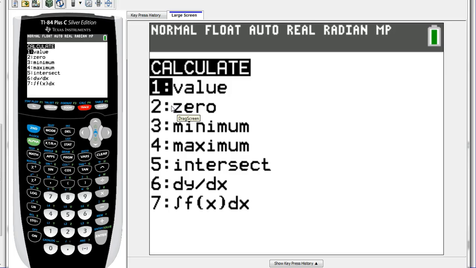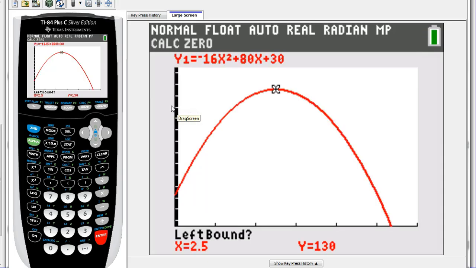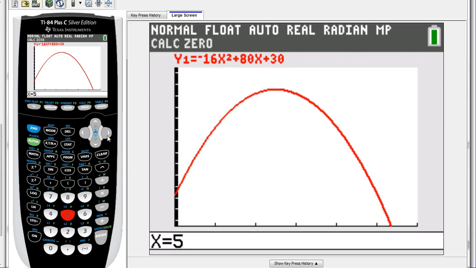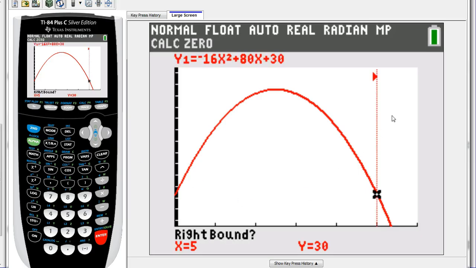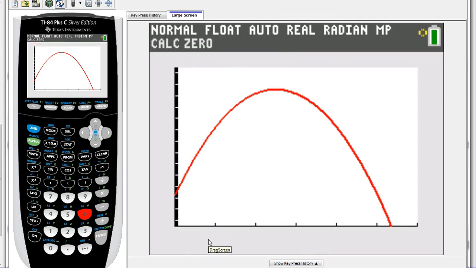So go down to choice 2, okay, and it says left bound. Somewhere to the left, it would be like 5. So I'm just going to press 5 and hit enter. Now it establishes, okay, from there over. Well, the right bound would be somewhere like 6. I know it's between 5 and 6. So the right bound, I'm just going to hit 6.